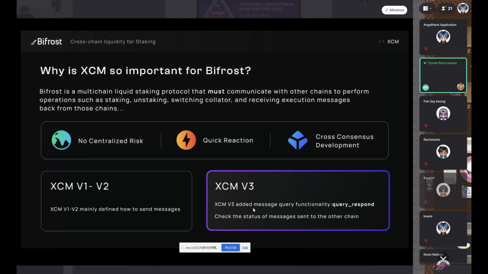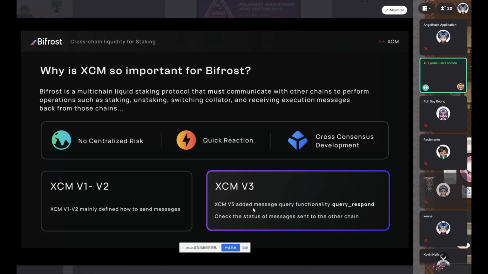So maybe the concentrated liquidity is in Bifrost. The users on Moonbeam can directly swap via the XCM in the Bifrost AMM in a concentrated liquidity.